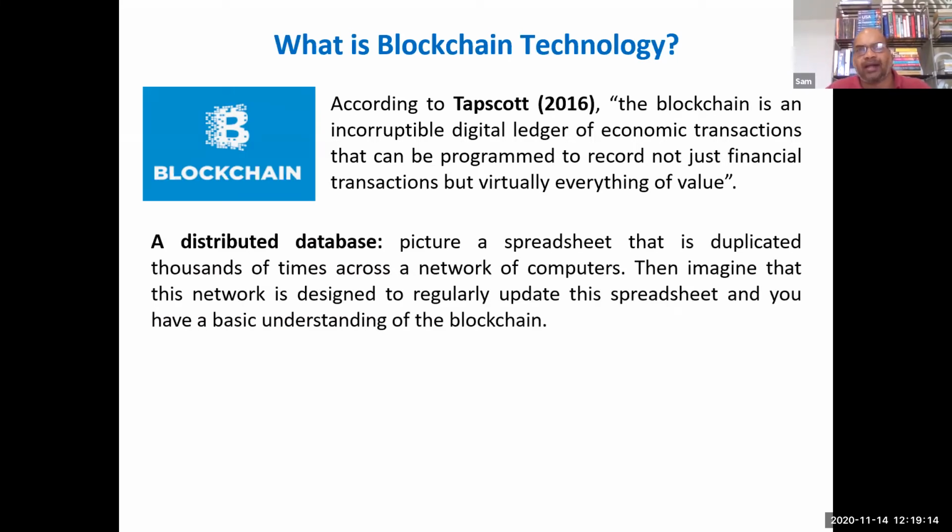So another way of looking at blockchain would be to think of a blockchain as a distributed database, and this database is not on a central computer controlled by someone, but it is on everyone's computer that is part of the blockchain network.